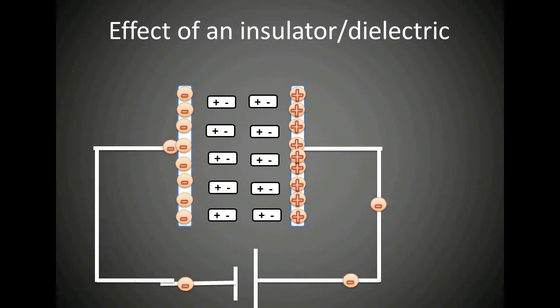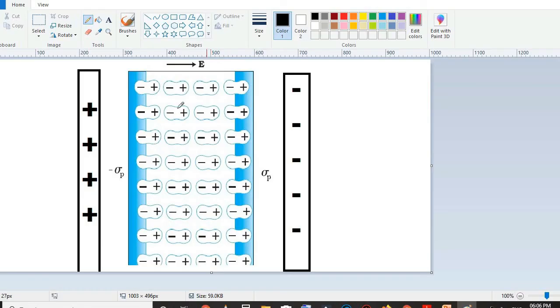Thus, when surface charge density of the plate increases, electric field will increase. When electric field increases, more and more dipoles start to align in the same direction. They will start to be polarized. Thus, we will get a total dipole moment per unit volume. As a result, here we will get a surface charge density. That means sigma P will increase.